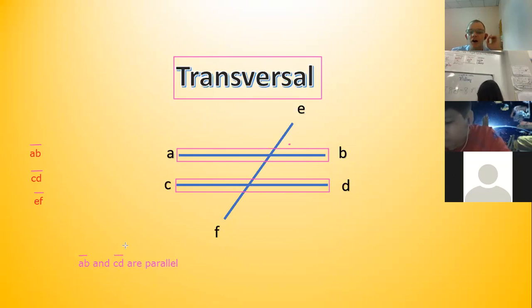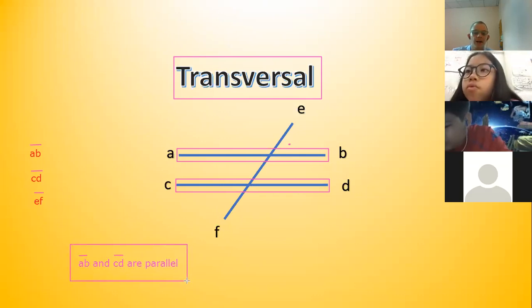AB and CD are parallel. Do we agree? Yes or no? At the bottom here. No. Why?